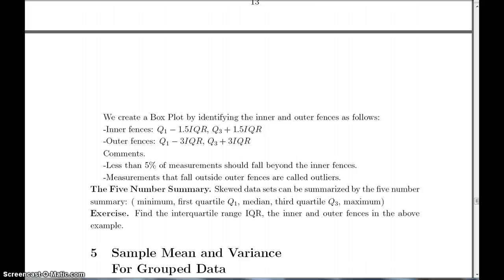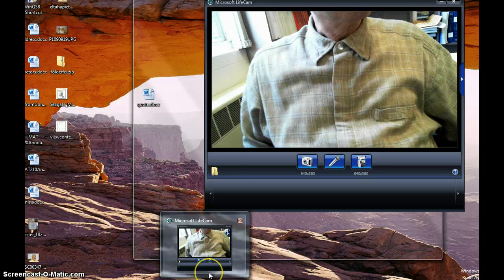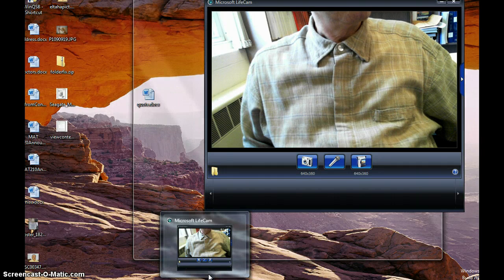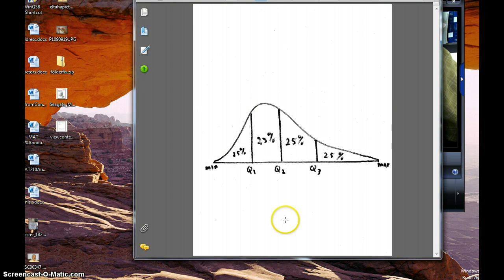Let me give you another graph where you can show the inner fences and outer fences. So here is an example where we have skewed data. You can see the data is skewed to the right. It's not that well shaped. So if we want to summarize this data, I would just pick the median, which would be here. The first quartile is here, the third quartile is here, and this is my minimum and largest values.